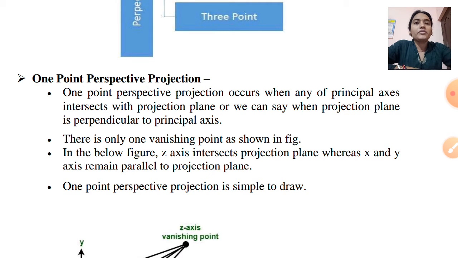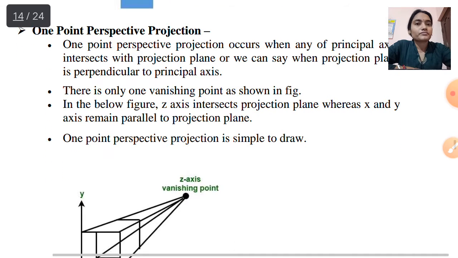In that case, we can say that this is 1 point perspective projection. That means all the lines intersect with the projection plane, or all the axes are perpendicular to the projection plane.